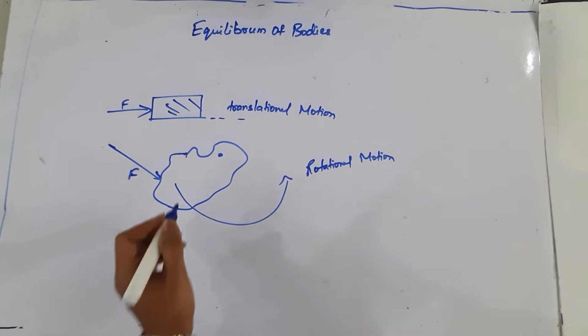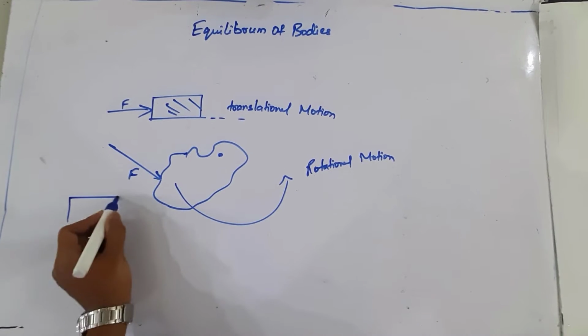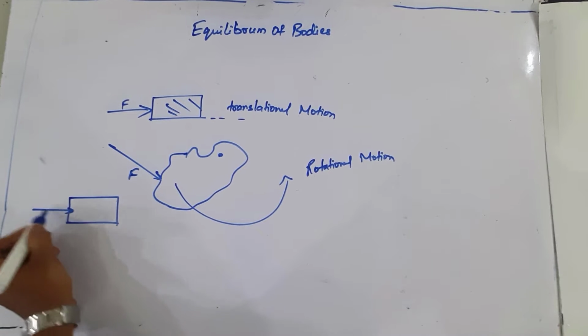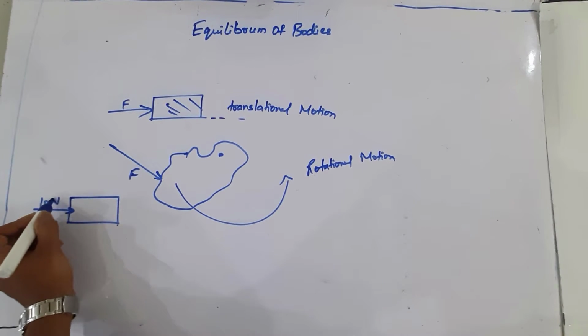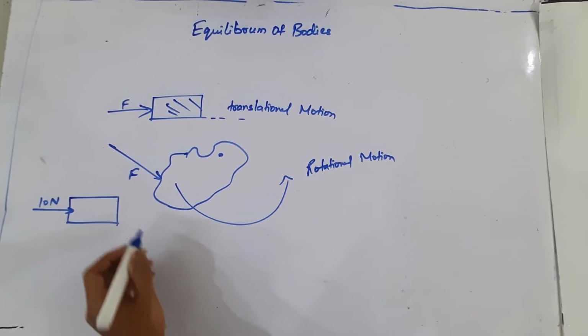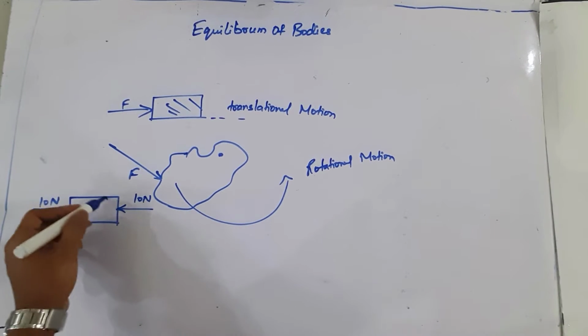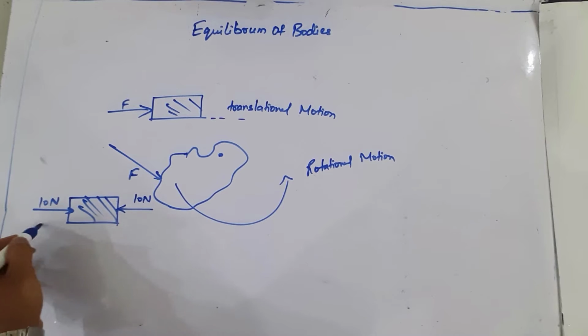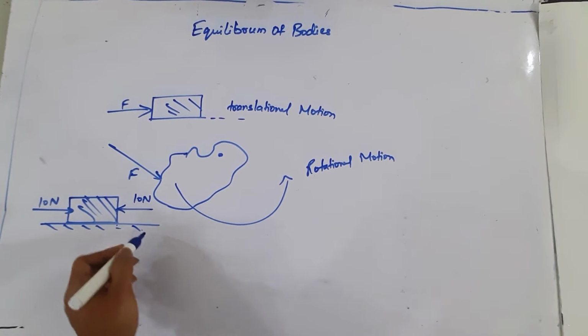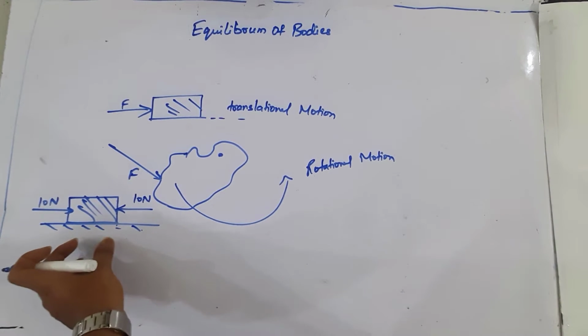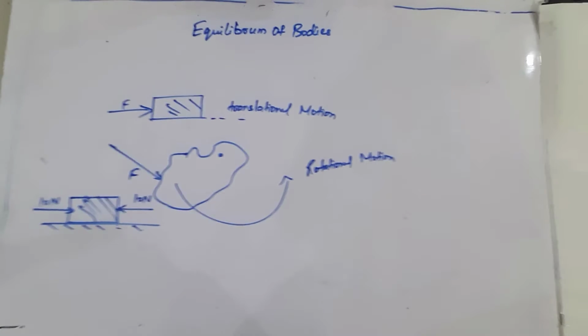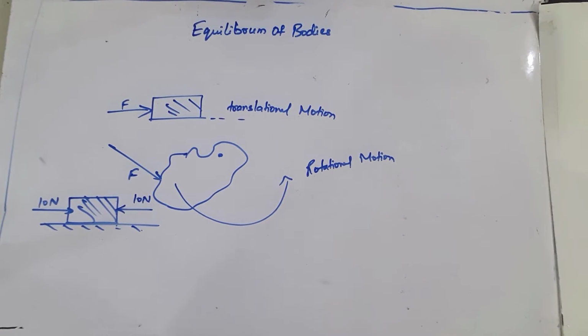Like in this body, suppose we have another body, and when we apply a 10 Newton force along this side and a similar force, that is 10 Newton, from this side, so in this case what will happen? The body will remain at its position. So that means we can say that the body is in equilibrium. That is, the body will not change the state of rest or linear motion of the body.